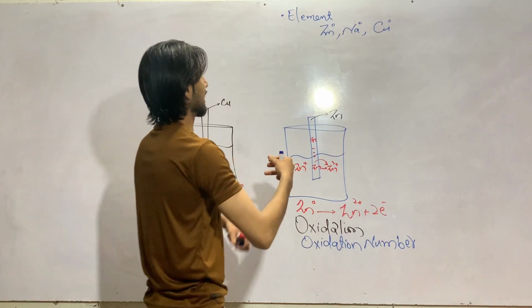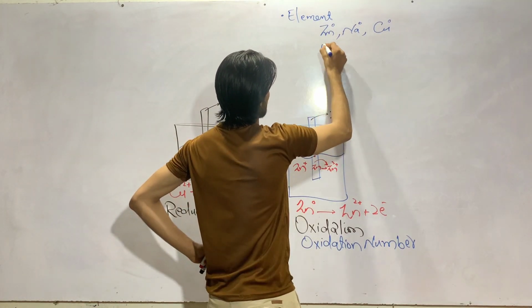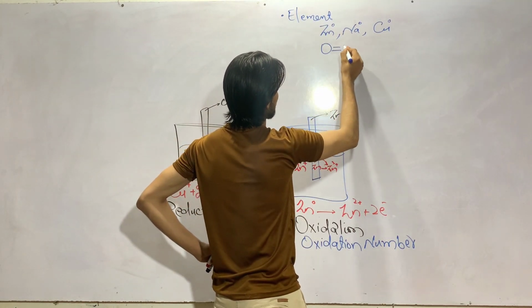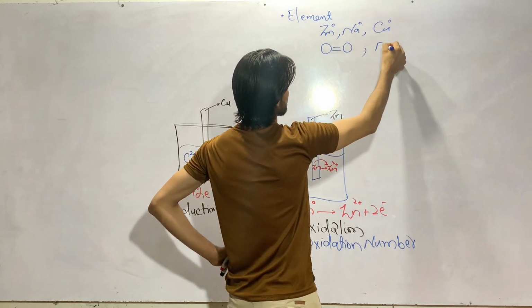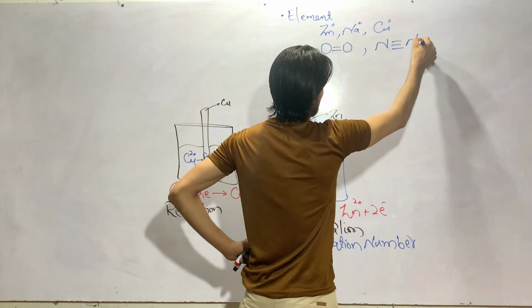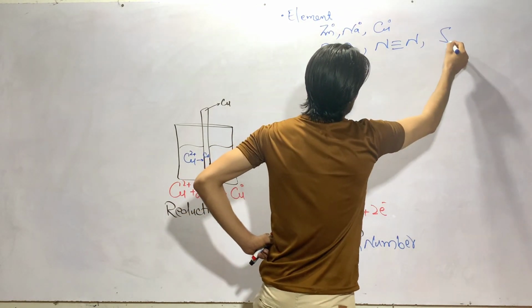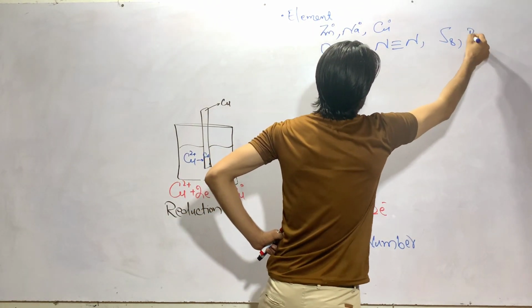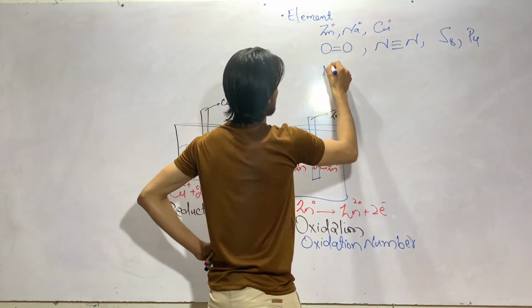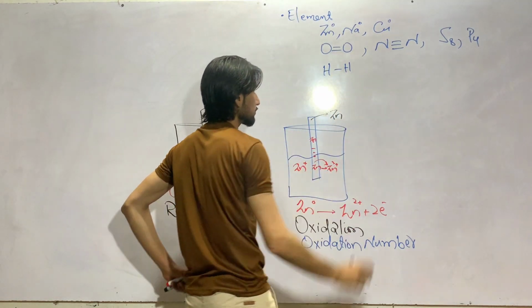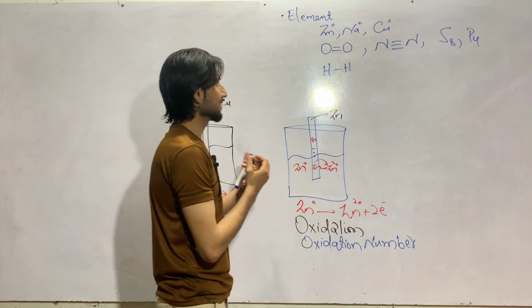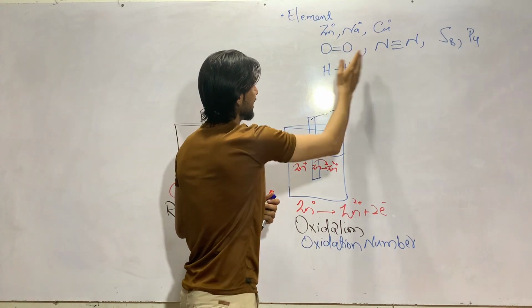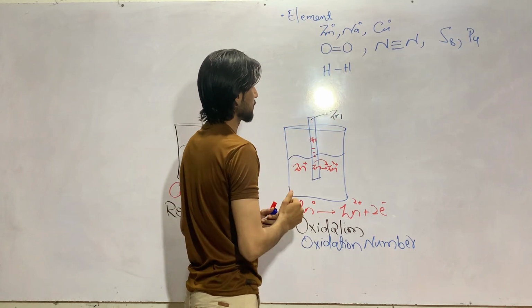Now again, if I had oxygen, suppose, bonded to another oxygen, or nitrogen bonded to another of its kind, or sulfur in S8 form, or phosphorus in P4 form, or hydrogen in H2 form. Here we see that the electrons in these cases are distributed equally.